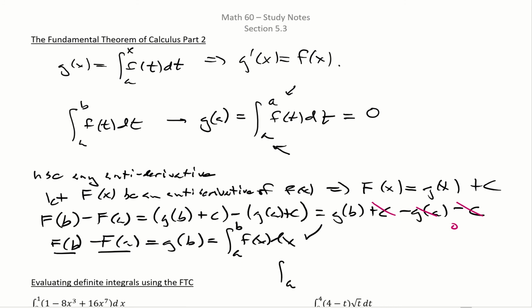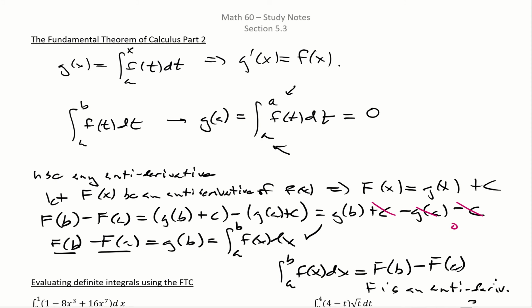Whenever you see a definite integral from a to b of some function, it's equal to F of b minus F of a, where F is an antiderivative of f of x. You can choose any of them, but guess which one we're going to choose? We're going to choose the one that doesn't have a plus c or any kind of constant whatsoever.